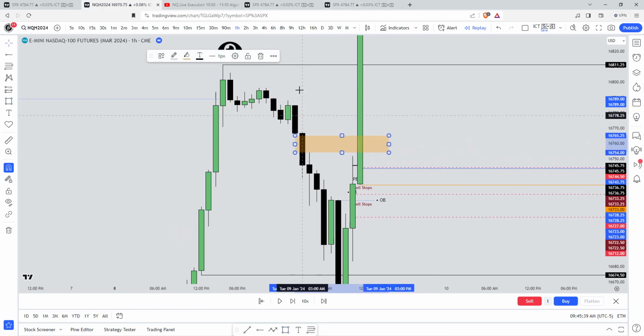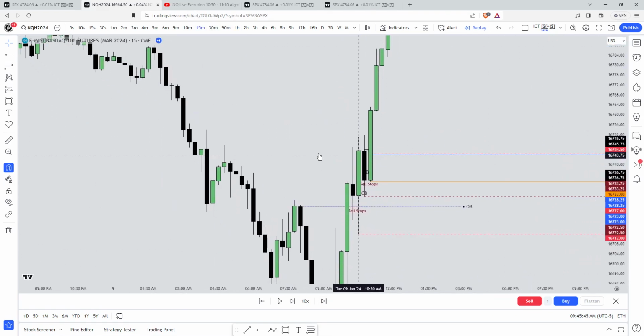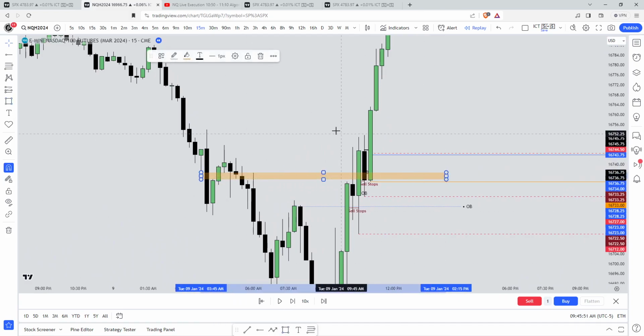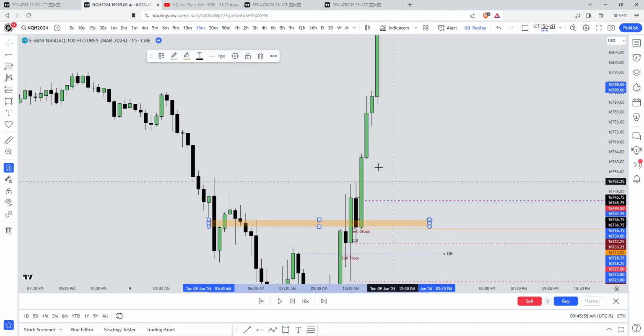The draw on liquidity is higher, price is going to cut right through those. Going into a lower time frame, you could utilize those to anticipate for price to respect. So we have this bearish fair value gap over here. The bias is bullish. That'll likely act as support, and price can continue to expand through it.